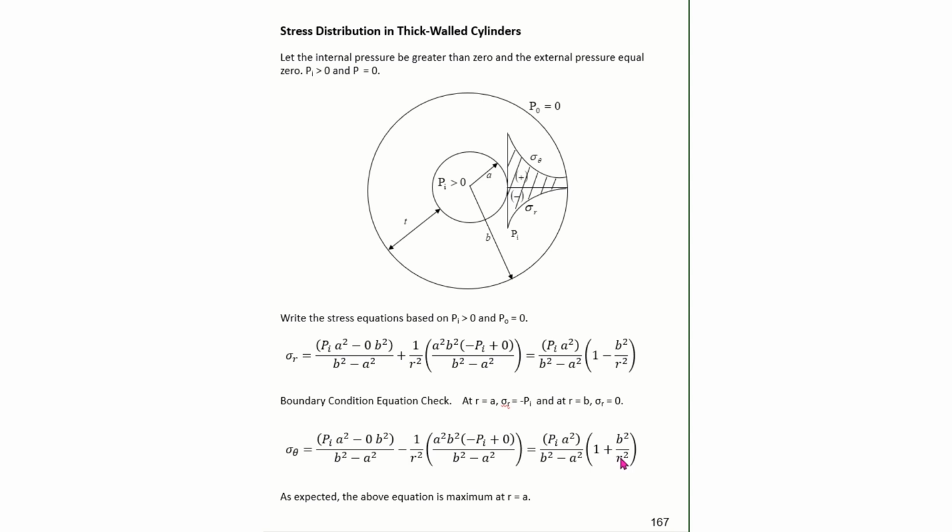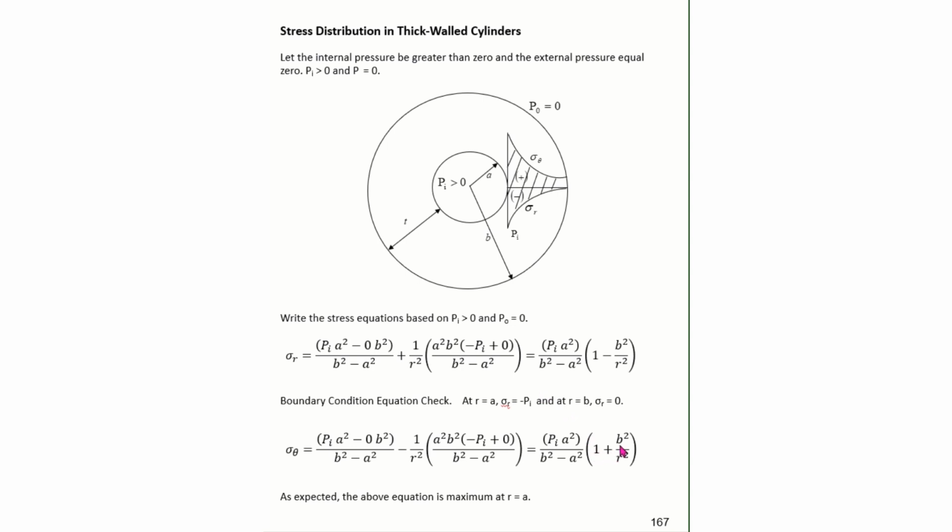And that quantity will always be larger than when I look at it at the outside surface, where R squared would be equal to B squared. That would be 1 plus 1, whereas at the inside surface this quantity will be greater than 1. So the stress distribution through my cylinder looks like what is shown here.